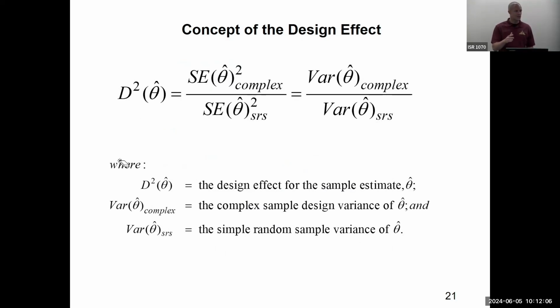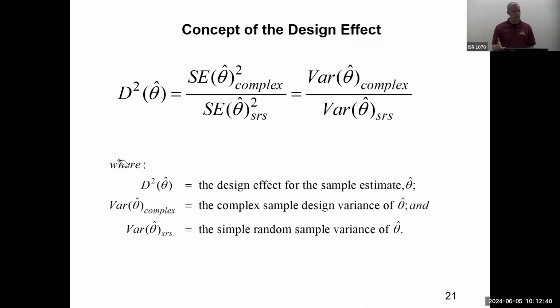So if you're managing a survey that's providing data on 1,000 different variables, you're going to get at least 1,000 different design effects, if we're just talking about descriptive estimation, let alone regression modeling or anything else people might want to do with the data. A design effect is a characteristic of a single estimate. So if you're fitting a multivariable regression model with 10 predictors, you're going to get 10 design effects, one for each of those estimated coefficients. Remember that it's a property of an estimate, not a survey.